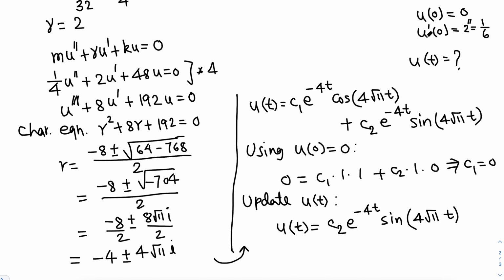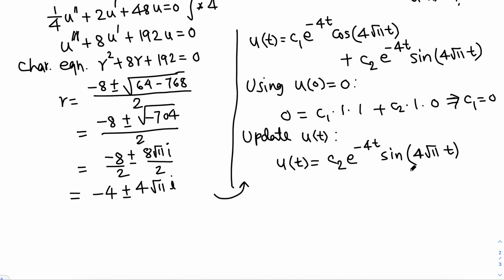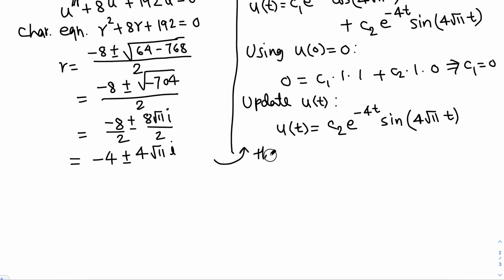We have yet to determine the value of C2. We need to use the second initial value, the initial velocity 1 over 6. To apply that we need to find the derivative. This is a product, so we must use the product rule. C2 we can write outside.